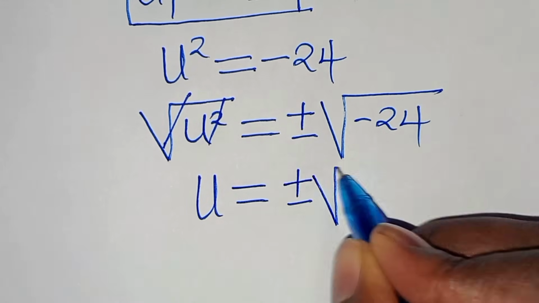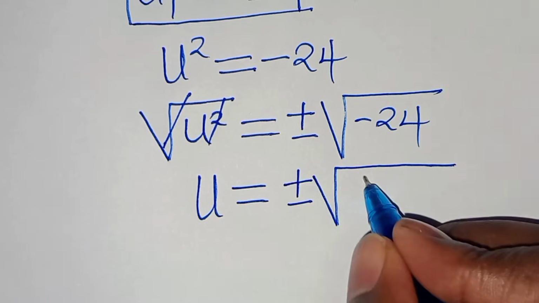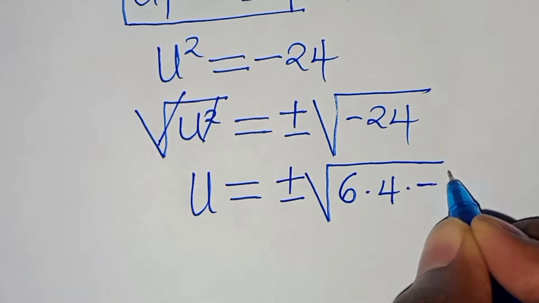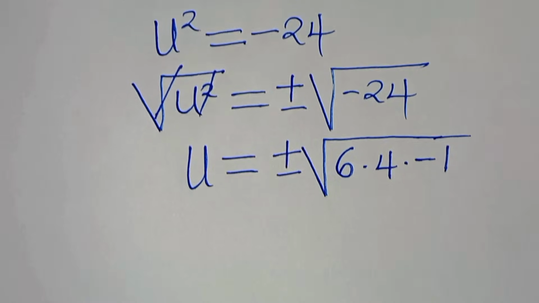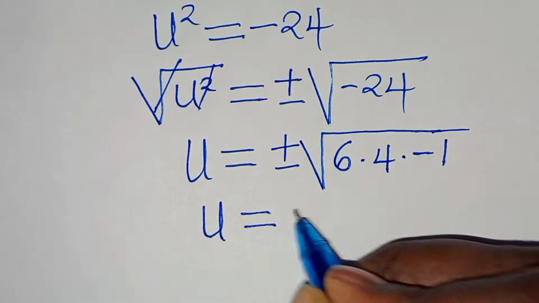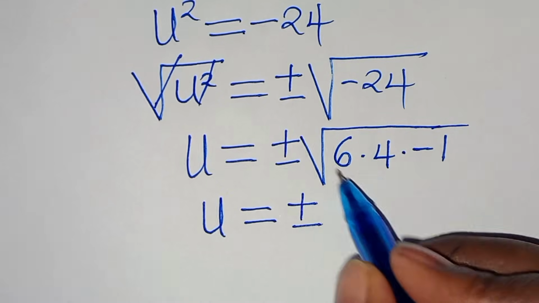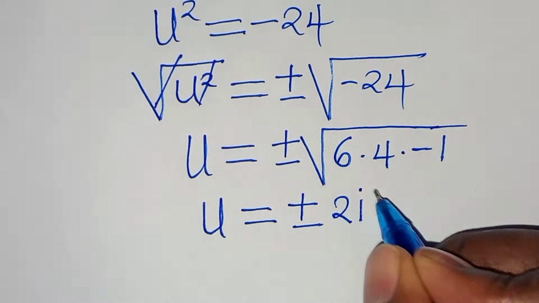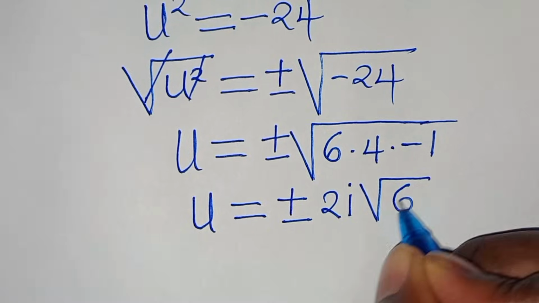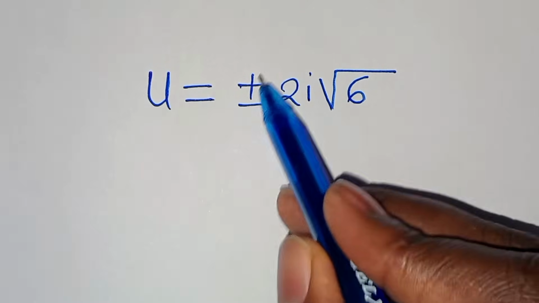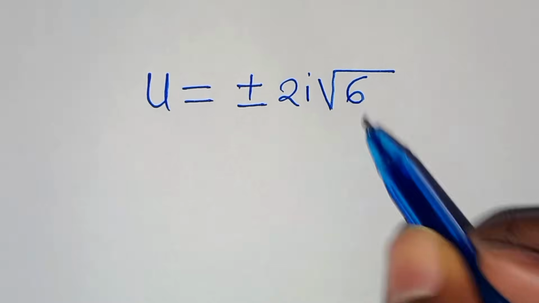We can express the square root of minus 24 as the square root of 6 multiplied by 4 multiplied by minus 1. So that now u is equal to plus or minus the square root of 4, which is 2, the square root of minus 1, which is i, then the square root of 6. Now we have u is equal to plus or minus 2i square root of 6.